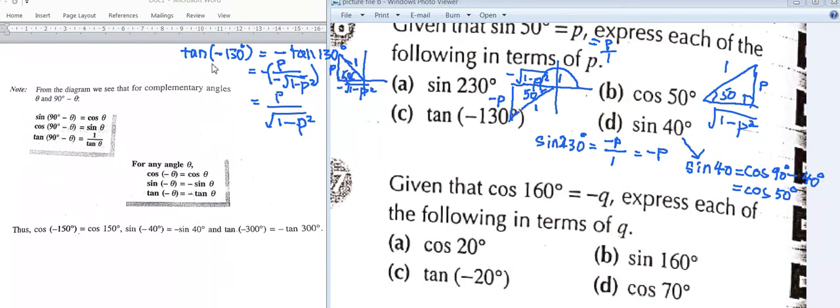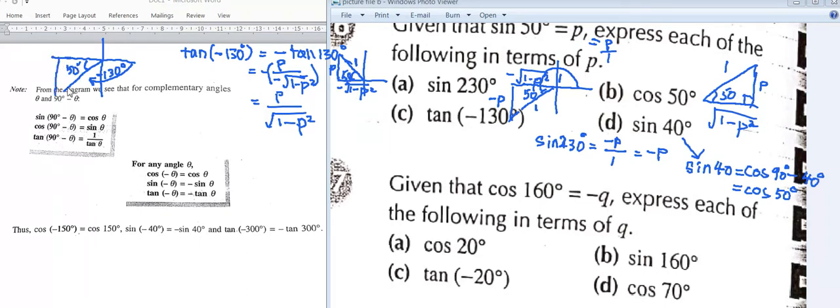Now, tangent of minus 130, we can work on using the negative angle. If you go this way, minus 130 will come to here, which also gives you 50 degree.